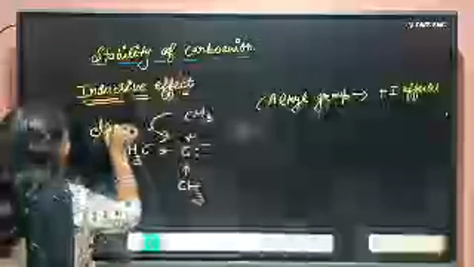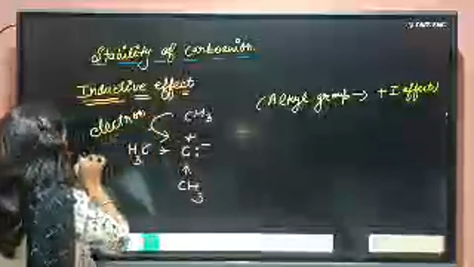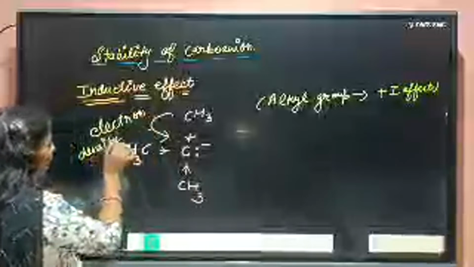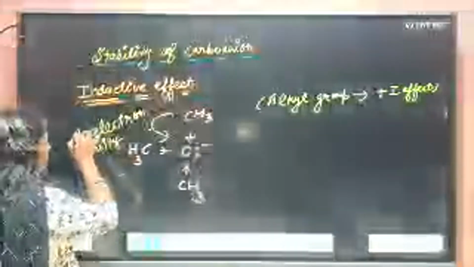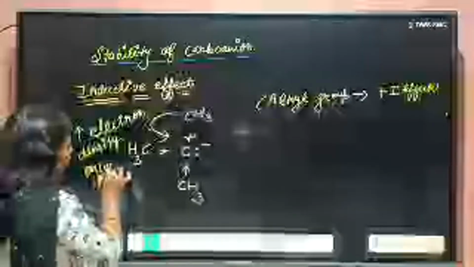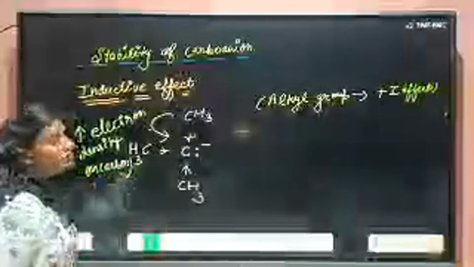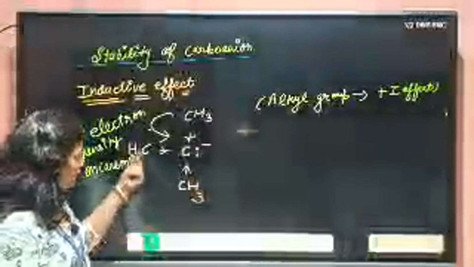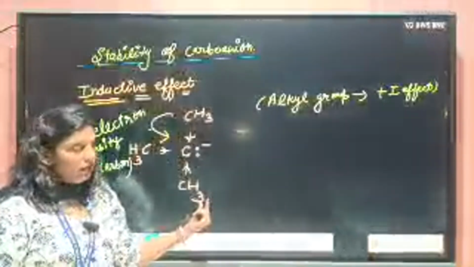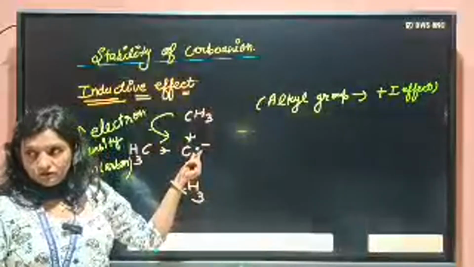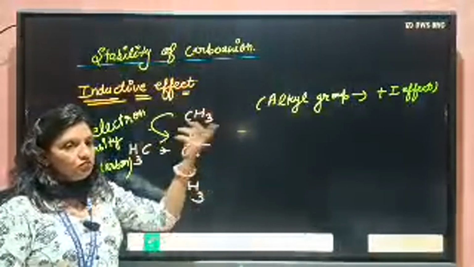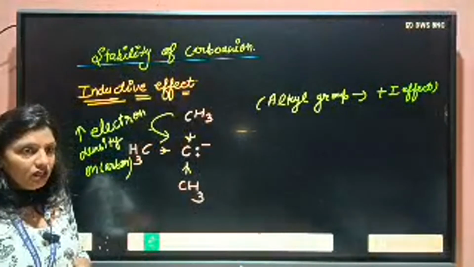Already the carbon is negatively charged, and further these groups are giving electrons to it. Clear or not? So the electron density increases here, which makes it unstable.